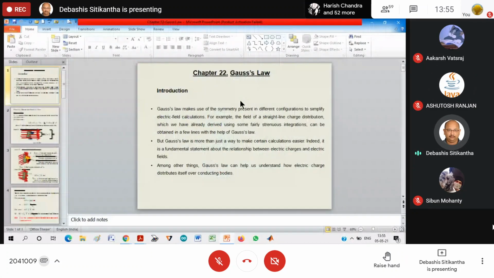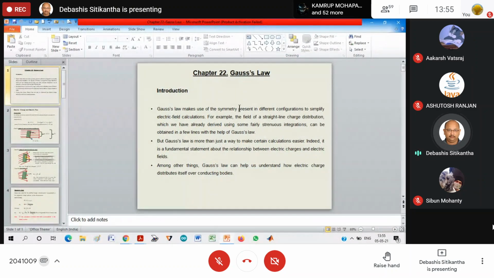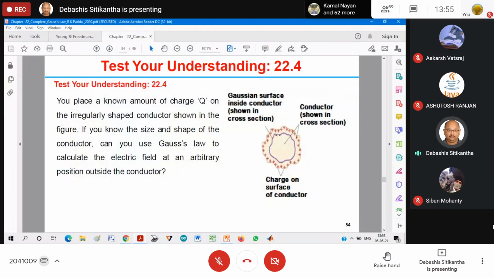Just look over here, what is written. Gauss law makes use of the symmetry present in different configurations. This is the configuration, and this configuration is very irregular. If it would have been a circular cross-sectional area, you can very well apply it. Cross-sectional area means if it is a circle, I am not talking about a cylinder.